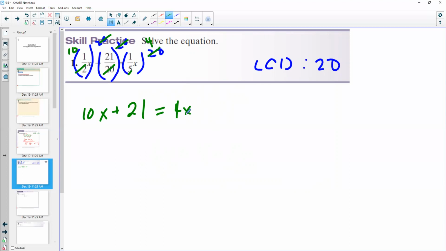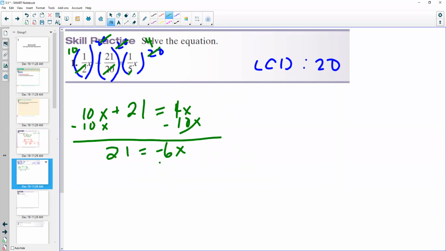We might as well finish it. Minus 10x. I get 21 equals negative 6x. Divide by negative 6. x equals negative, divide them both by 3, 7/2. Finished. That's all this is. It does not have to be something that causes you to pause and panic, okay?